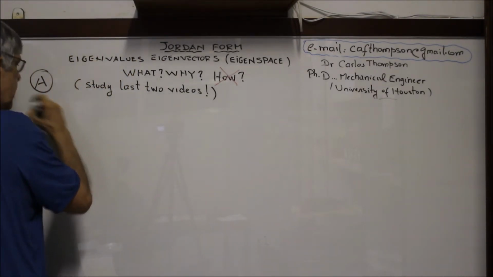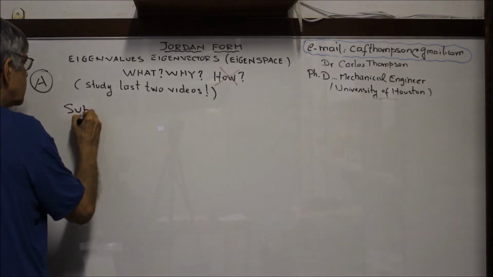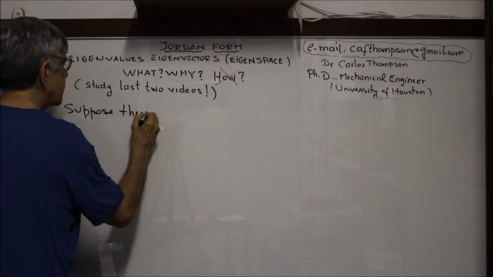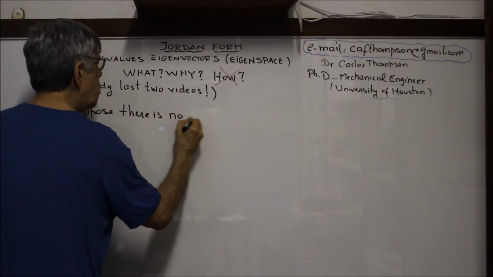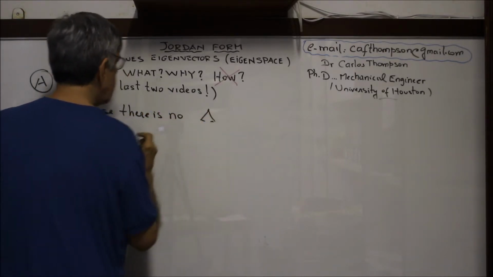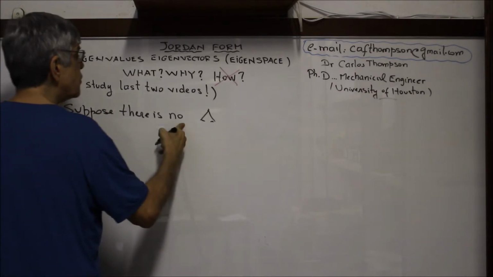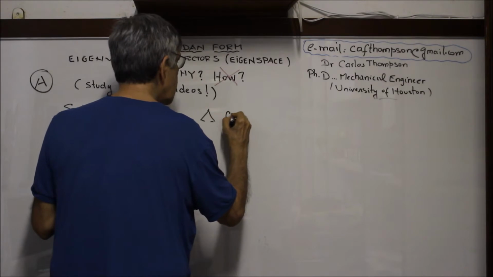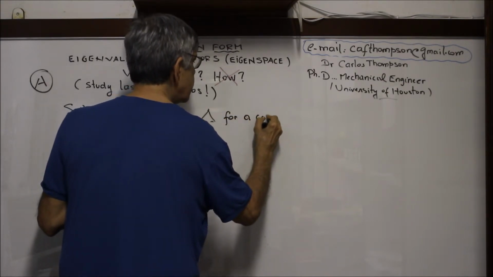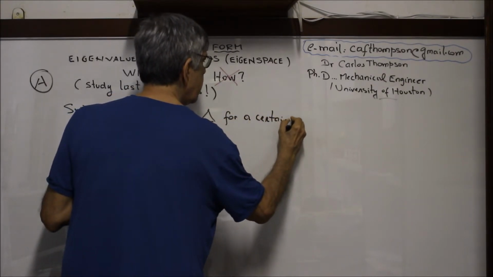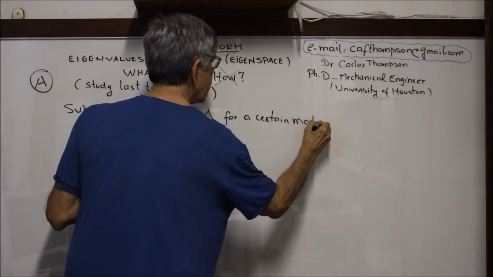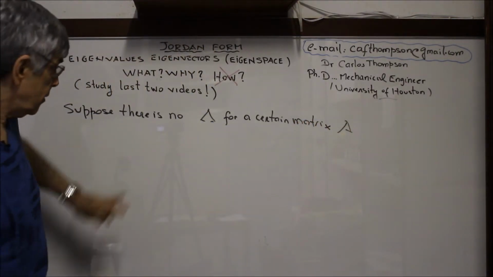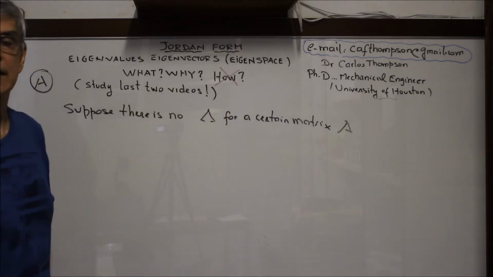He said, suppose there is no diagonal matrix for a certain matrix A. Suppose I couldn't find it.